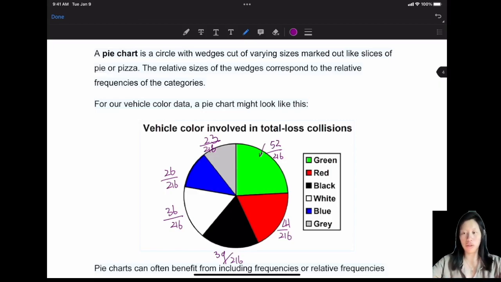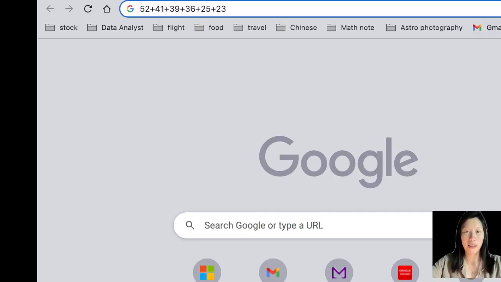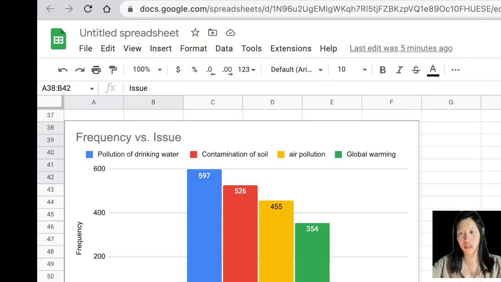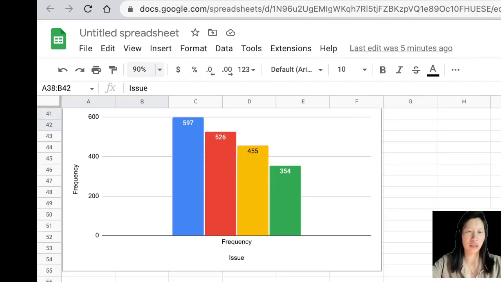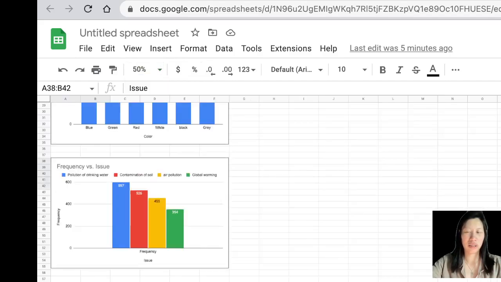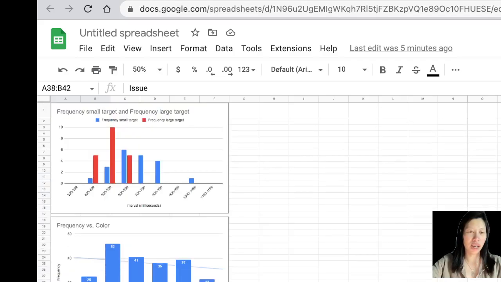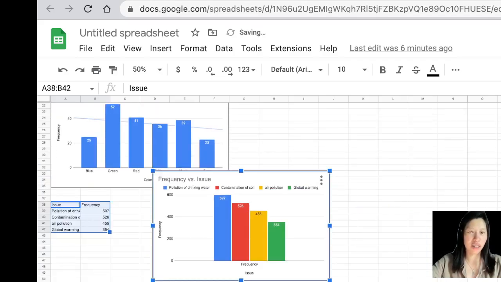Again, we can use the Google Sheet to do it for us. So in this Google Sheet, instead of highlighting, let me move this on the side.